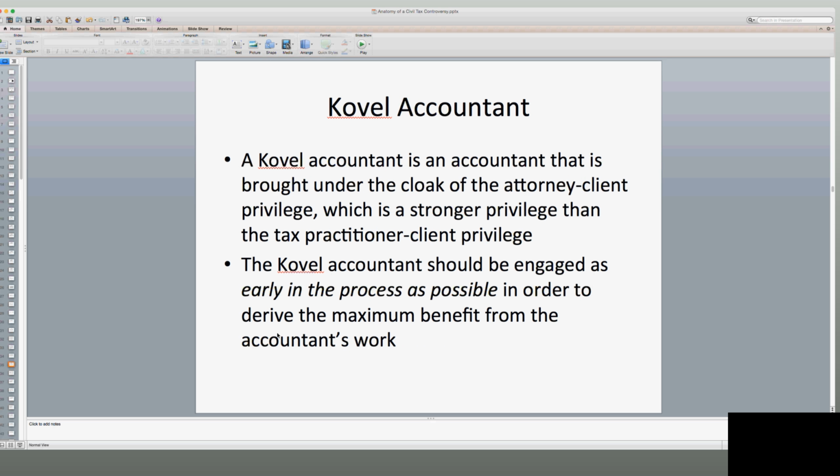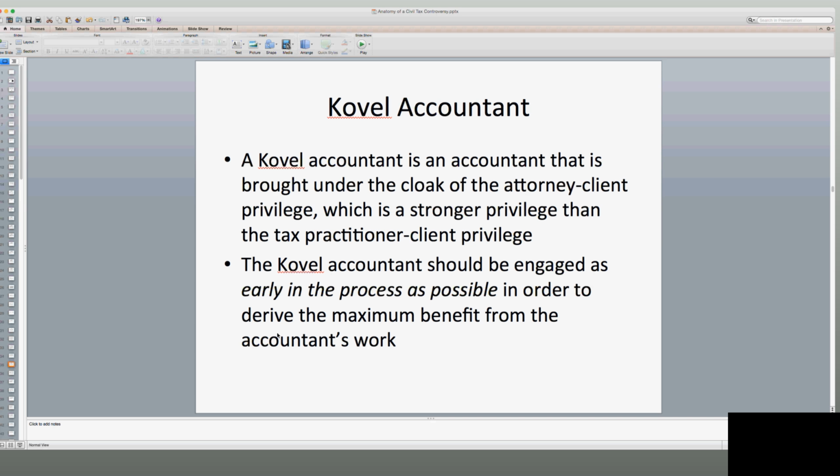Kovel accountant. We are all, I'm sure, very familiar with Kovel agreements. Well, let's talk about what a Kovel accountant is. It's an accountant that is brought under the cloak of the attorney-client privilege, which, as we've discovered, is a stronger privilege than the tax practitioner-client privilege, but doesn't really offer us as much comfort as we'd otherwise like.